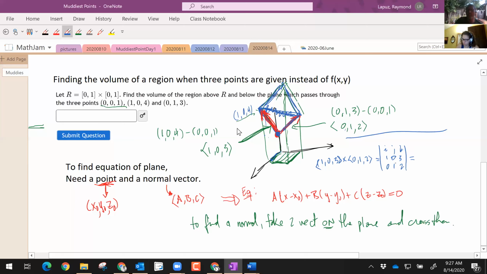So in the I direction, it'll be 0 minus 3. So that's negative 3. In the J direction, it's going to be negative 2. And in the K direction, it'll just be 1. I hope that's right.